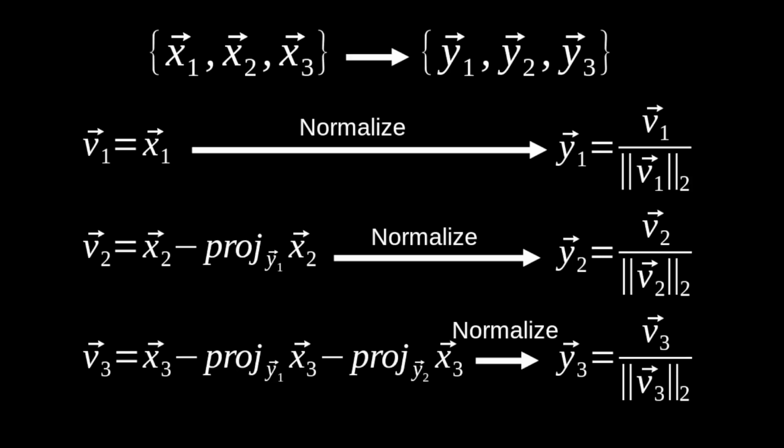Then for the second column, we're subtracting off one projection and normalizing. For the third column, we're subtracting off two projections and normalizing, and this is the way we're obtaining our Q matrix. And I want you to recall here that we're using projections. We are taking our original set of vectors and we're using these projections to produce a new set of vectors that is our Q matrix.